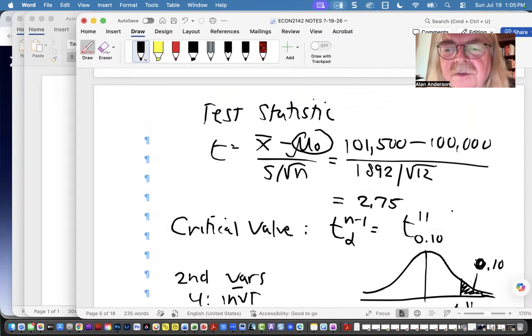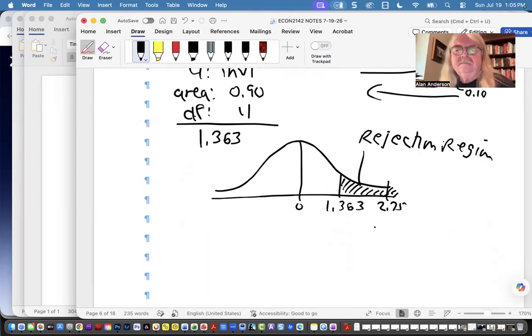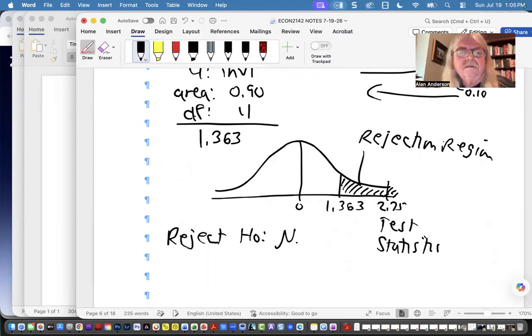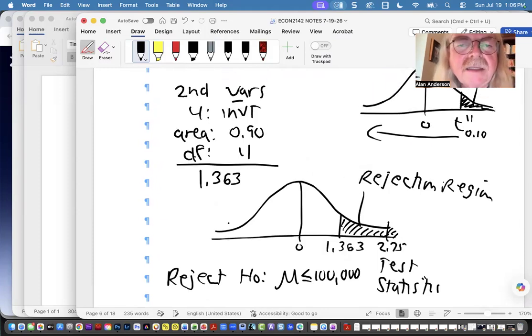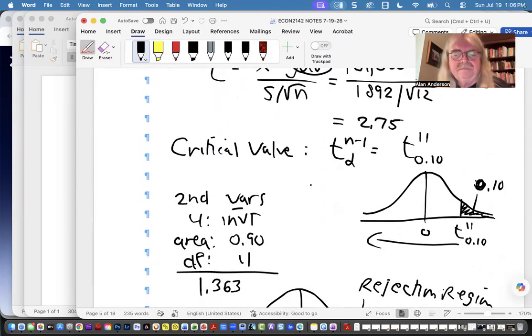But our test statistic was 2.75, so it's way in the right tail. And of course, that means we reject the null and accept the alternative that the mean is in fact greater than 100,000.